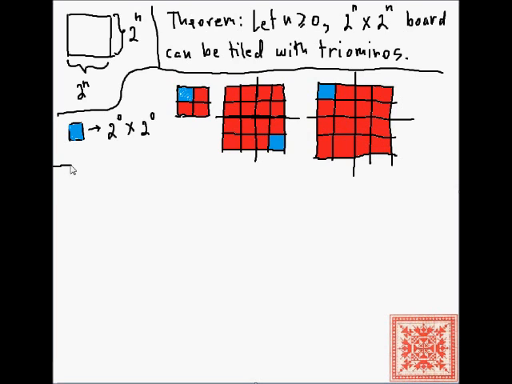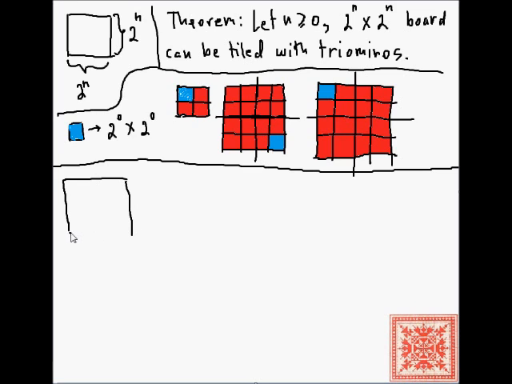I'm just trying to develop an intuition for solving this problem. The trick is to place the center tile in such a way that none of its squares is placed in the quad with the original missing tile. If our original board is 2 to the n by 2 to the n, the 4 quads will have the dimensions 2 to the n minus 1 by 2 to the n minus 1.